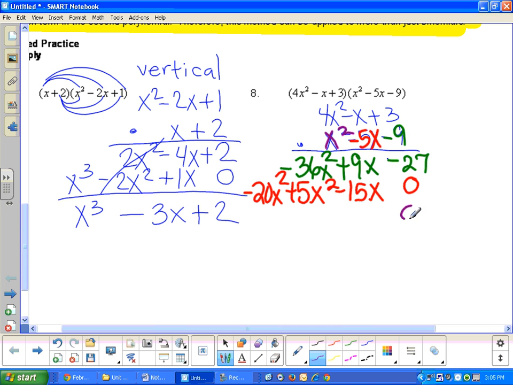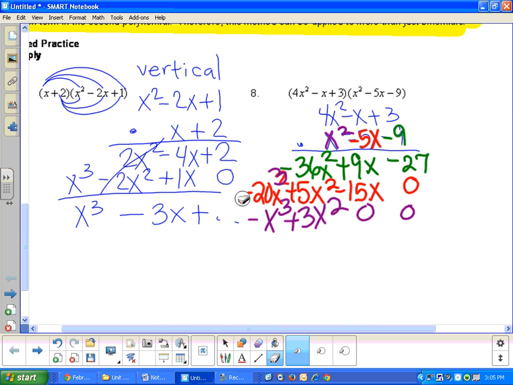Multiply through x squared, we have 2 places to 0. 3 times x squared is 3x squared. And then we have x to the third here. It's going to be negative. And 4x to the 4th.